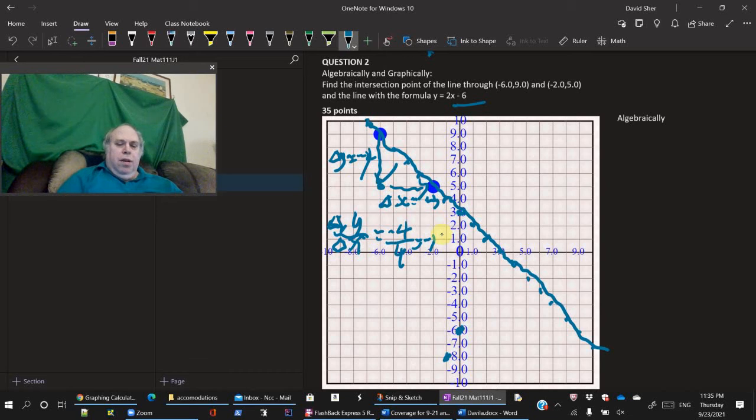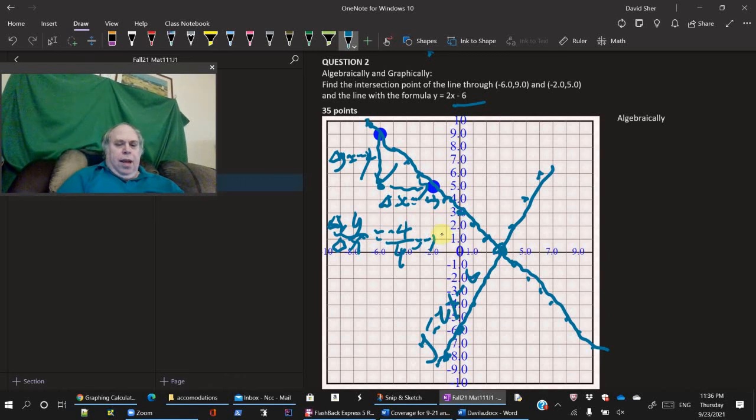So I'm going to go over 1, up 2, over 1, up 2, over 1, up 2, and there is going to be the intersection. To get a nice line, I will keep going, and this is the line. So this line is y equals 2x minus 6.